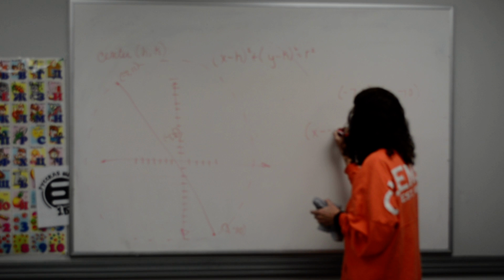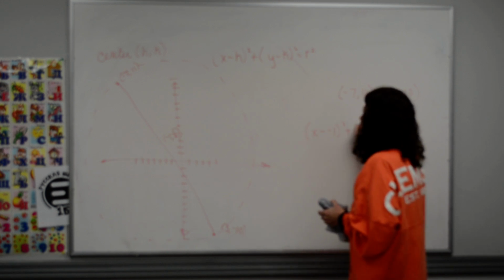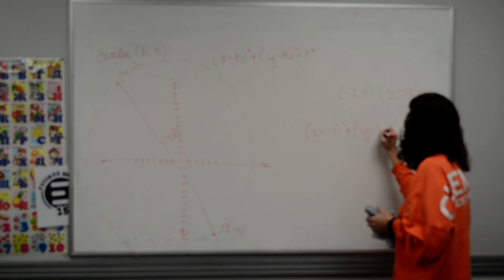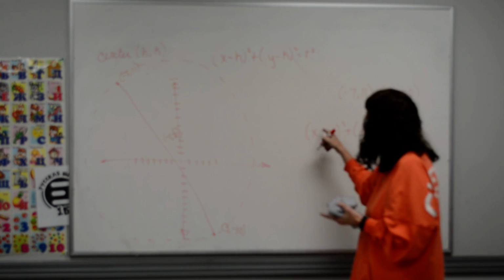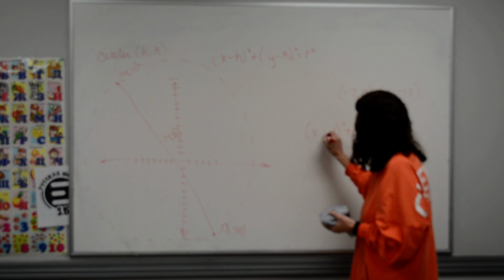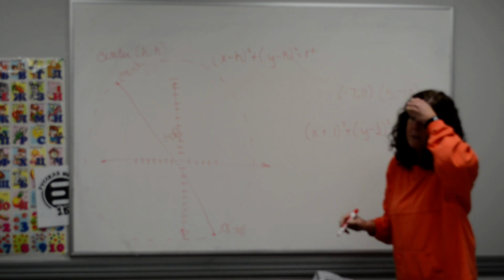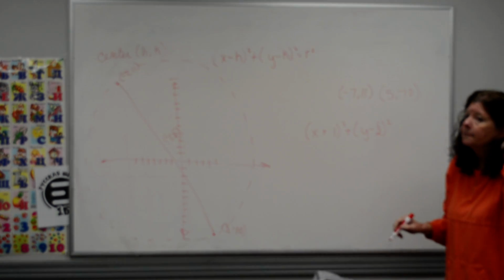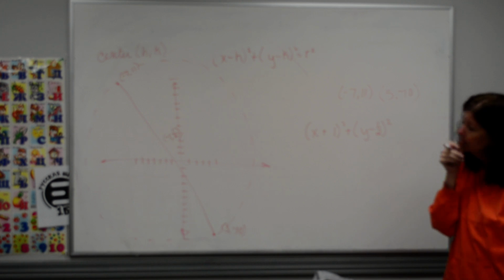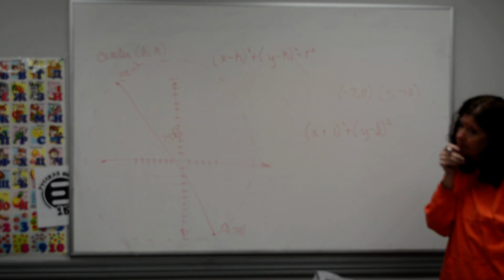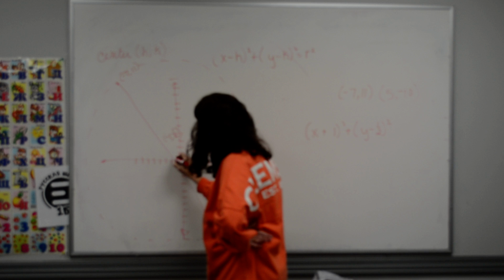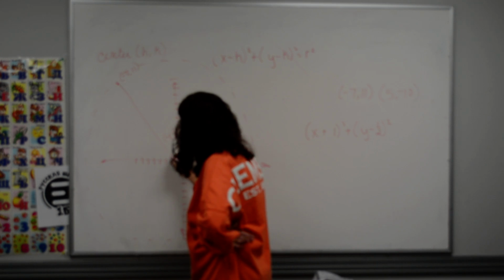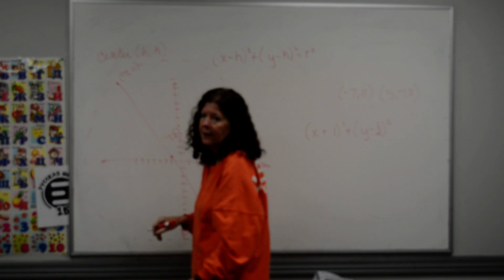So I can put that into my formula: x minus a -1 squared plus y minus 1/2 squared. And I have to figure out what the radius is. Obviously this can be changed to plus right here. Any idea how I'm going to find the radius? I need to find the distance from there to there.